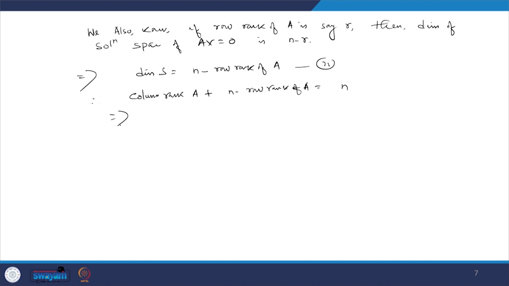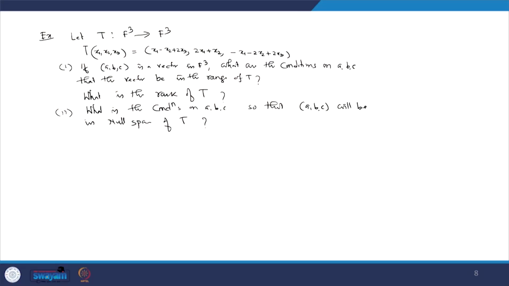So, this implies that column rank of A equals row rank of A. So, this is a very interesting result for an M cross n matrix defined over a field capital F. The row rank of the matrix is equal to the column rank of the matrix also. So, we have seen that for a given M cross n matrix, the column rank equals the row rank, please.